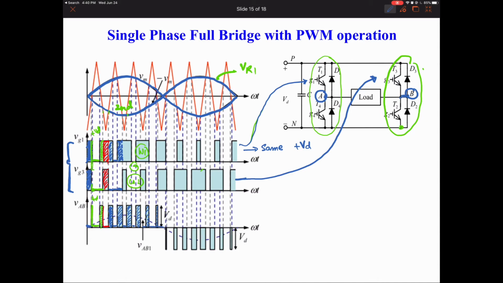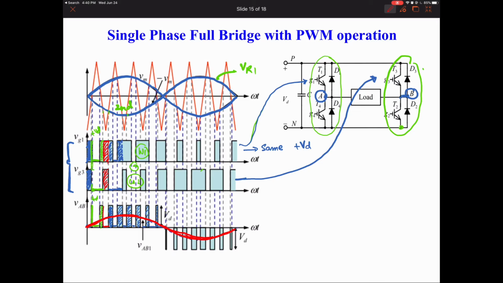So in our output voltage waveform, the fundamental component will be like that, and its frequency will be the frequency of your modulating or reference waveform. So our area is changing sinusoidally, so we will have a sinusoidal impact at the output. So we call it sine PWM inverter.